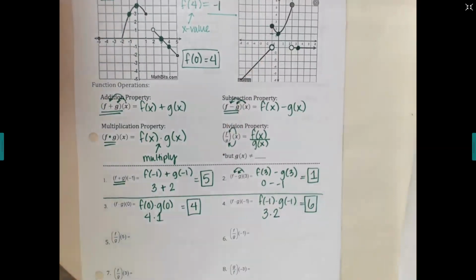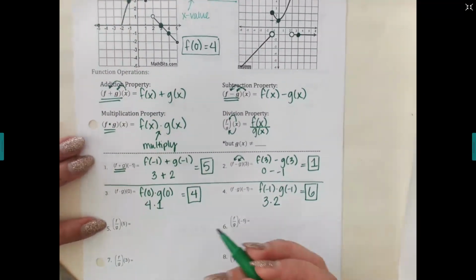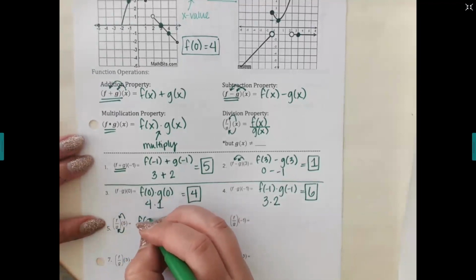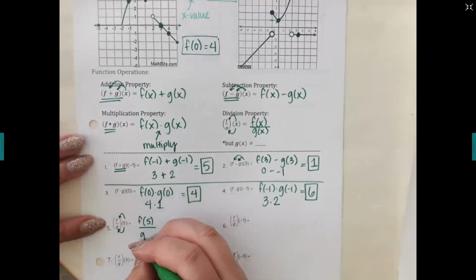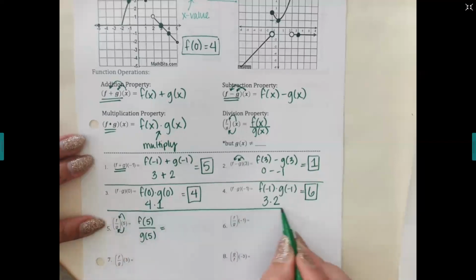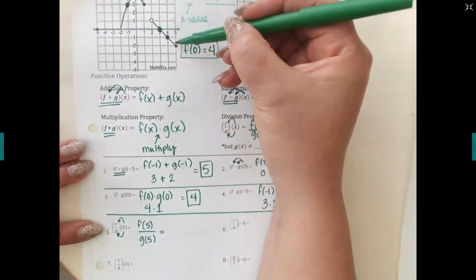Okay, next one, let's do number 5. Okay, so I want f divided by g of 5. Well, then I'm going to share that 5 with both functions. So it'd be f of 5 divided by g of 5. And then I'm going to look at my chart. F of 5 is way over here at the end of the graph.